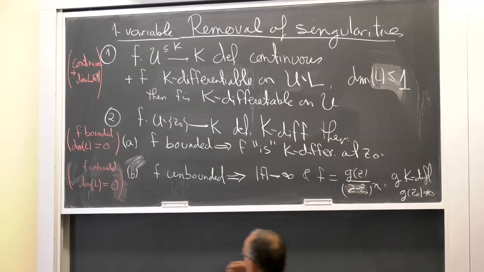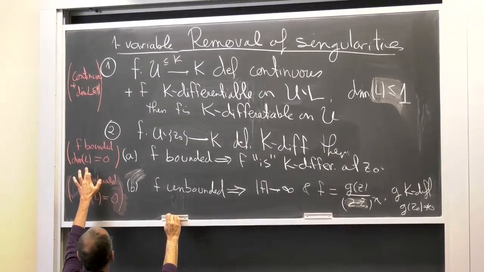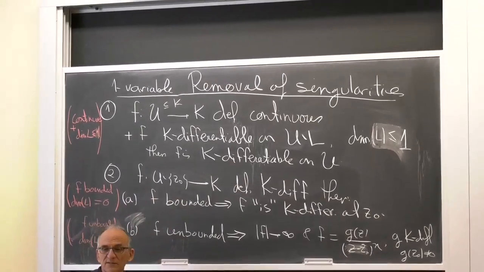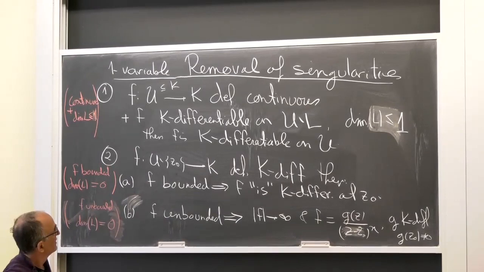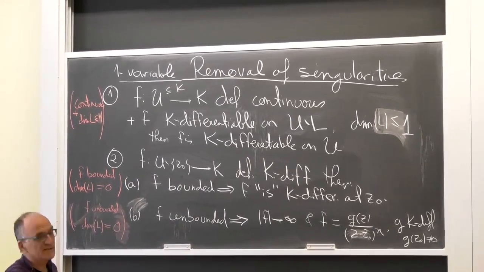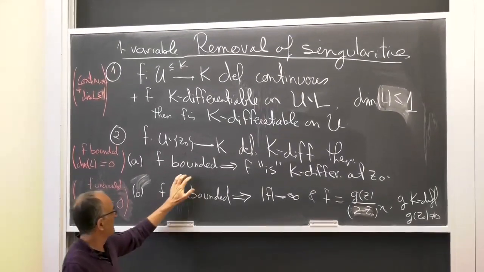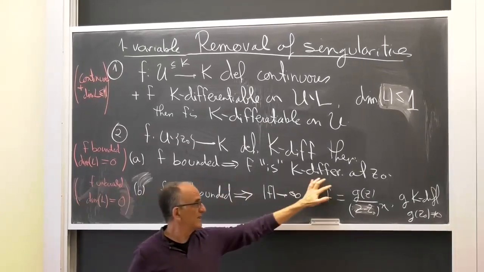And if you remove one point, which is dimension 0, of course, here L is just a singleton, then you can weaken continuity and replace it by boundedness. And then we know that it can be extended.